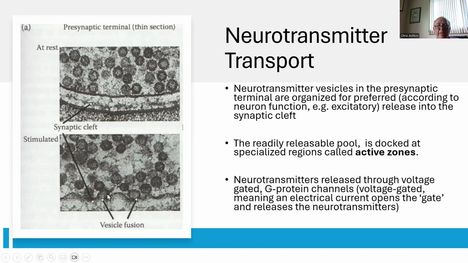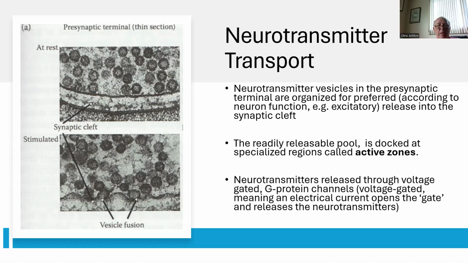what happens in terms of this stimulation through the electrical current, the action potential down the axon, and the calcium molecules actually open up gates. They're called gates, and those are places in the membrane that open.